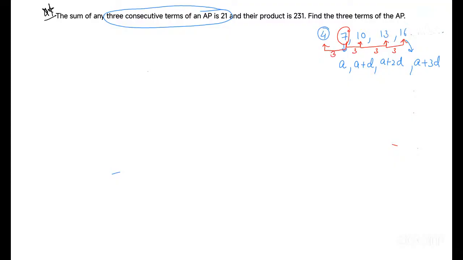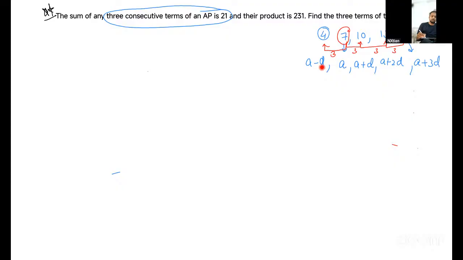So can I write four in the form of A minus D? Because A is the seven, and you subtracted D, which is three. It will become A minus D, which is seven minus three is equals to four. Understood?